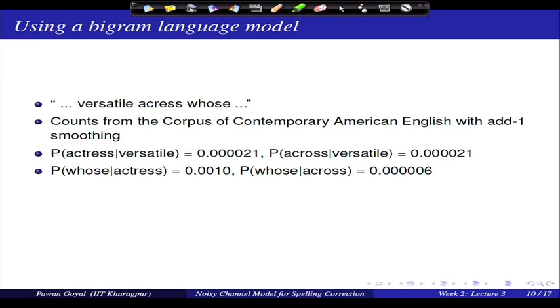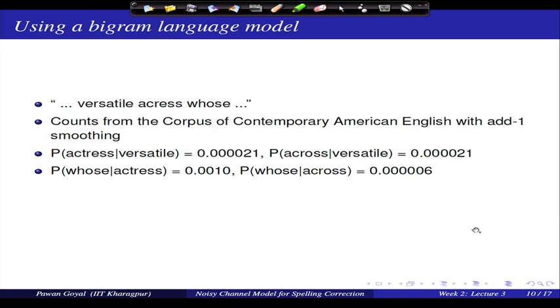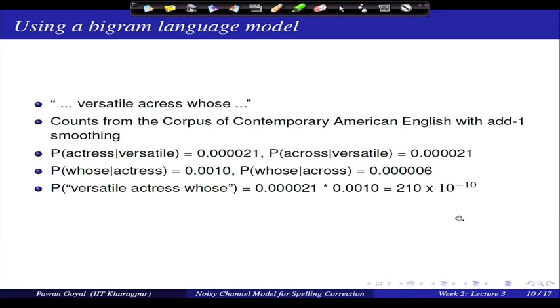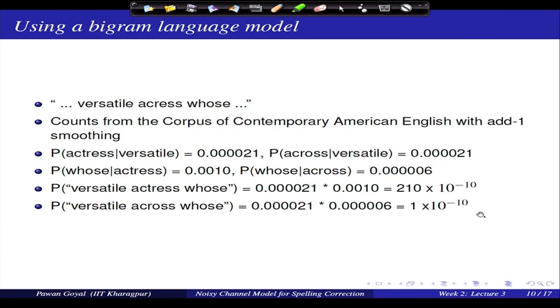Okay, and if we have this information, we can use that to refine the probabilities further. So suppose I simply multiply these two probabilities with my earlier counts. What will I get? I'll say the probability of versatile actress huge is 210 times 10 to the minus 10, and the probability of versatile across huge will be 1 times 10 to the minus 10.